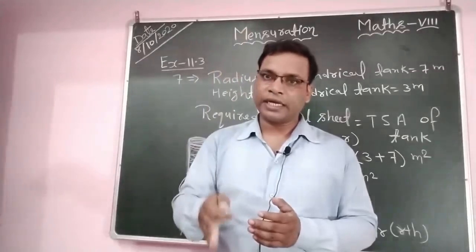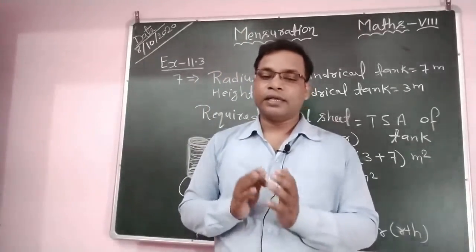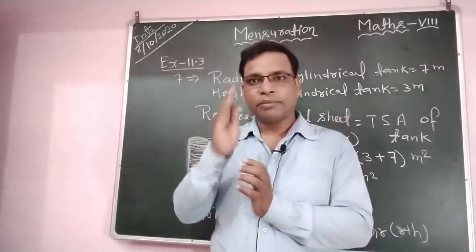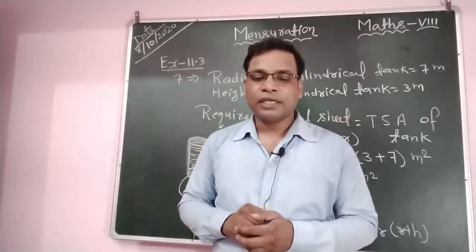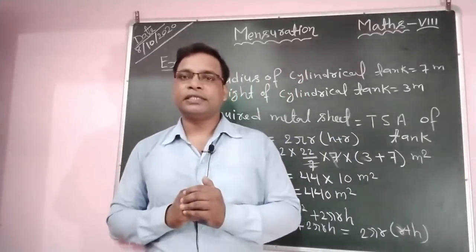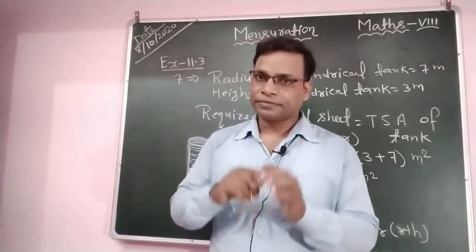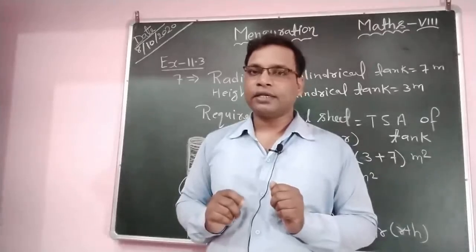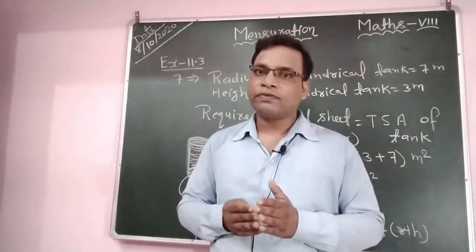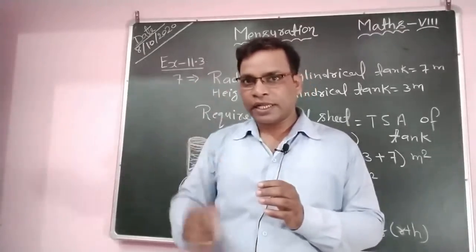It is cut along its height and formed into a rectangular sheet of width 33 centimeters. First, the lateral surface area of the hollow cylinder is 4224 centimeter squared, and after this we cut it along its height.